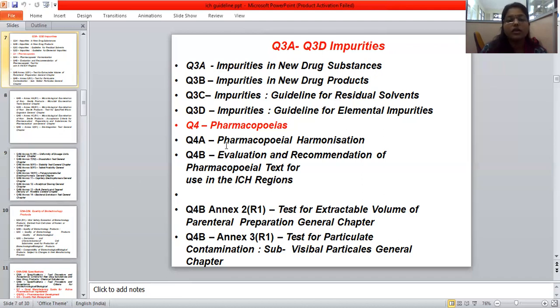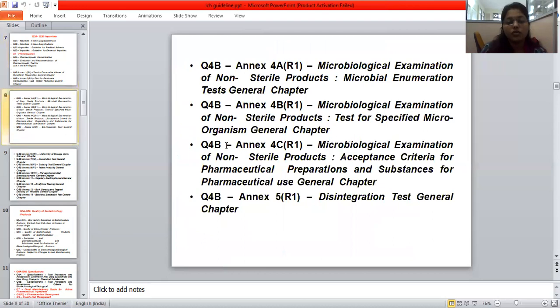So this is our Q3, Q4 guideline. Also, the Q4B guideline has Annex 4A-R1 for microbiological examination of non-sterile products.